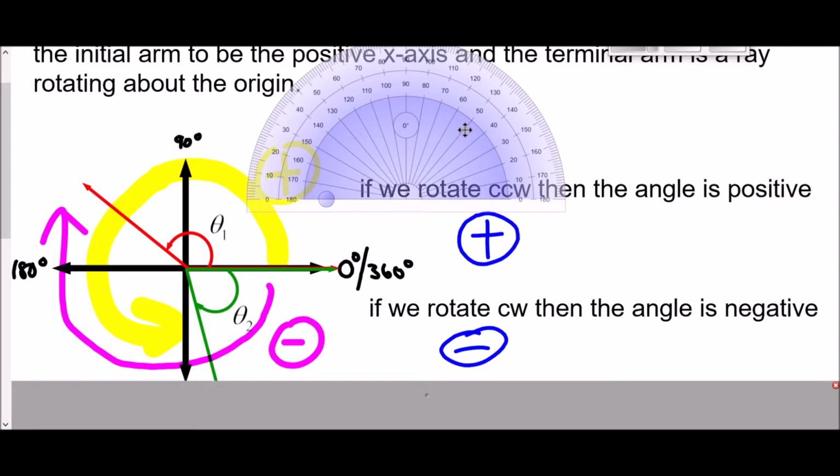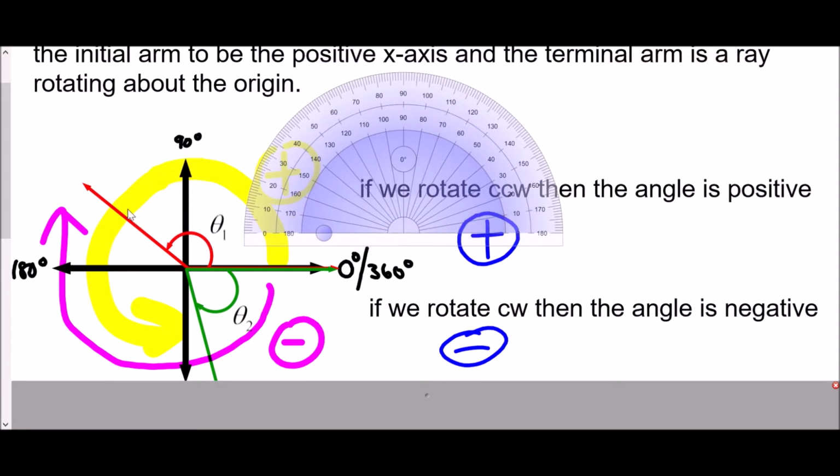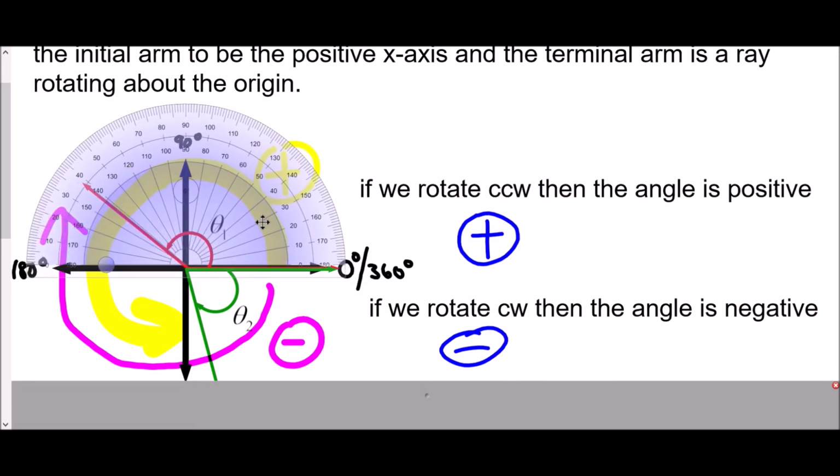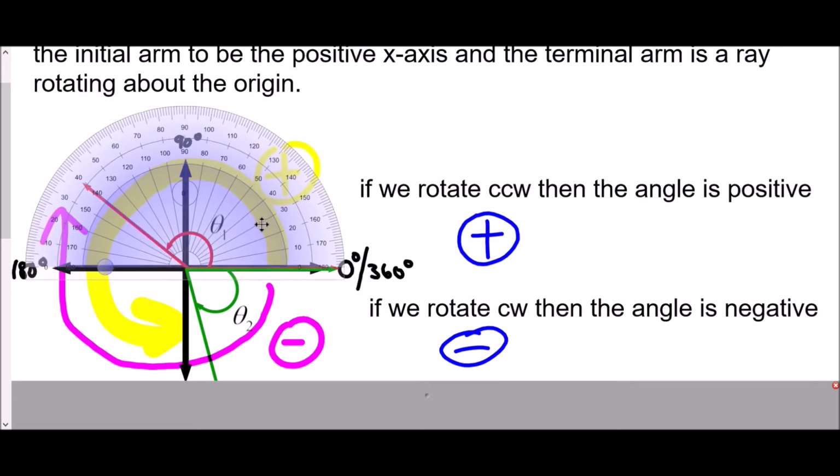So Math 10C stuff, let's measure this one here, starting from this point. So if you look at this, it goes from here, going that, it stops here. So how can we describe this angle?